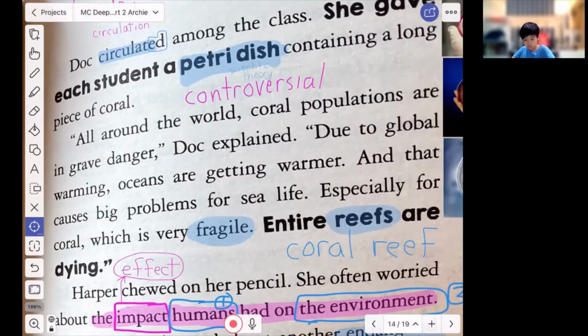Now, you might not want to do that with everything you learn, but sometimes when we are learning different things about science and about the world, you might find that some things are more interesting to you than other things. But it is important, especially as you get older, to always be thinking in your very smart brain, is what I am hearing and what I am being told fact or opinion, fact or scientific theory?